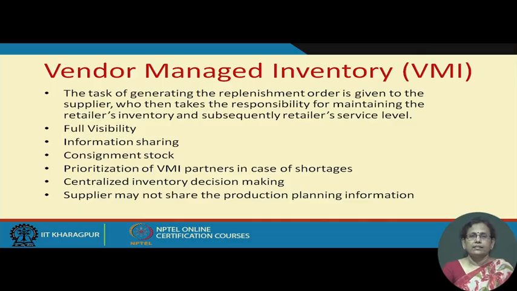However, it is different from collaborative planning and forecasting, because the supplier may not share the production planning information. How he is planning his production, why does he have to share, he is simply taking care of the stock. So, we can say this may be a good model for a retail supply chain like that of Walmart, but it may not be a suitable model in some other situations.